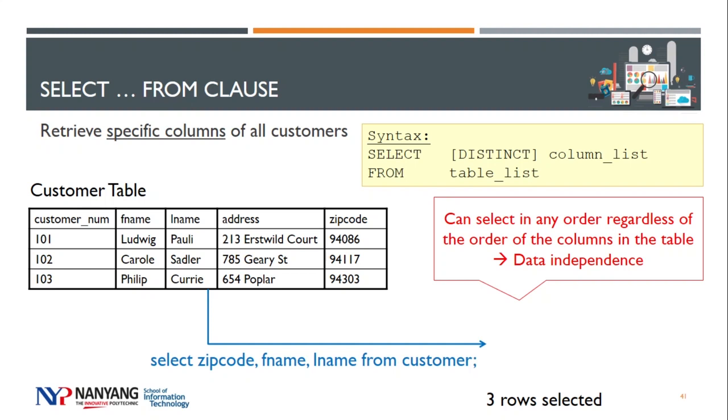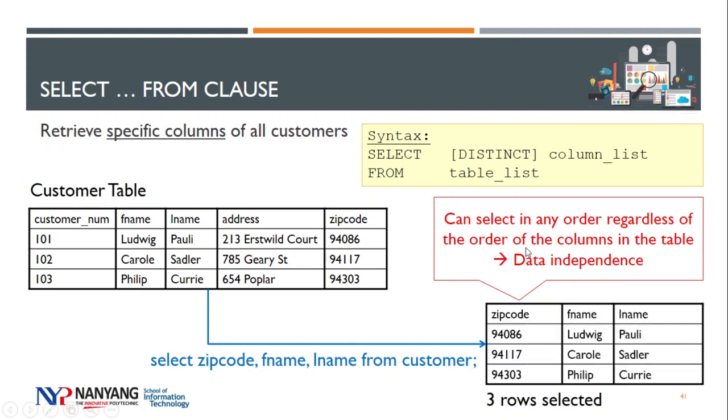You can use the select command to select these three attributes from the table, and this is the end outcome that we will get: zip code, first name and last name.